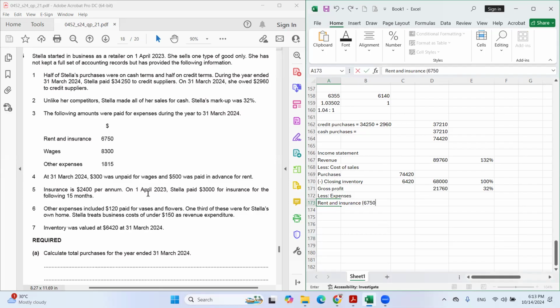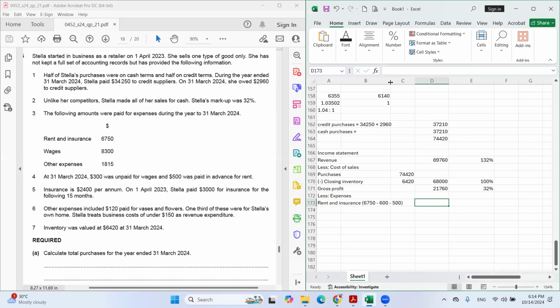They mean how much is prepaid? 600 prepaid. So minus prepaid 600. And then what else? Rent here, 500 was paid in advance. So this is also a prepaid expense. So I also have to minus. So these two have to be minus.